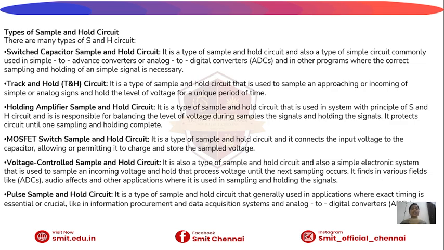Next one is the voltage controlled sample and hold circuit. Next one is the pulse S and H circuit. These all have different applications, so depending upon the application we select the type of sample and hold circuit, right? So there are many types of sample and hold circuits.